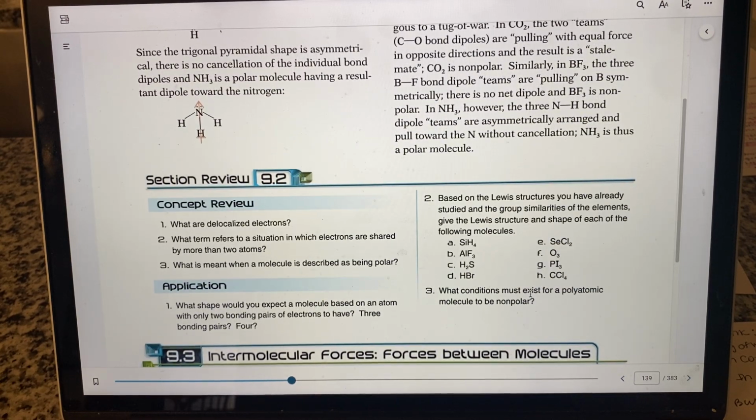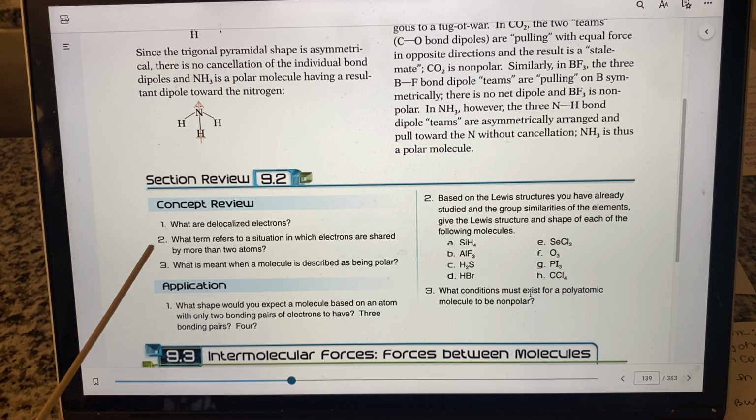What are delocalized electrons? What do you say? They're free electrons that are not localized. Delocalized means not localized. So they're free electrons that are flowing between more than 2 atoms. Sometimes a lot, with metals, a lot of atoms. But it has to be at least flowing between more than 2 atoms.